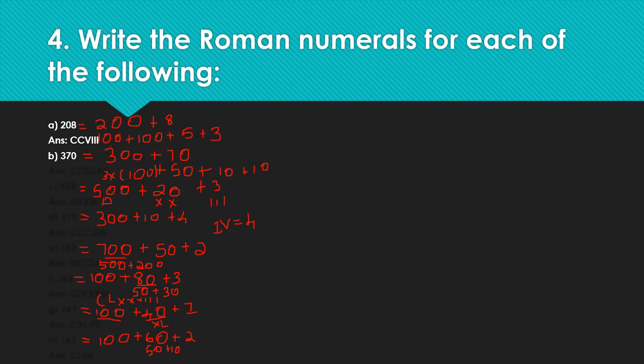Next problem, 370. So 370, you can split this as 300 plus 70. 300 you can split it as 100 plus 100 plus 100. Then 70 you can split as 50 plus 10 plus 10.